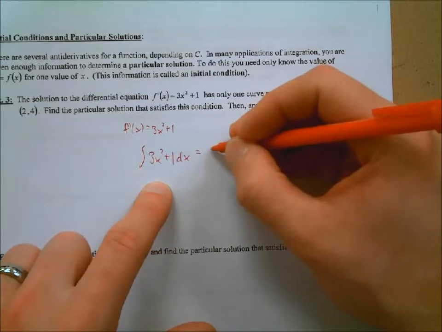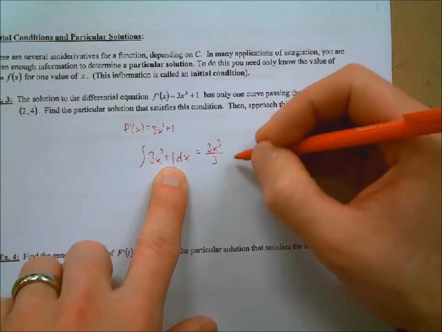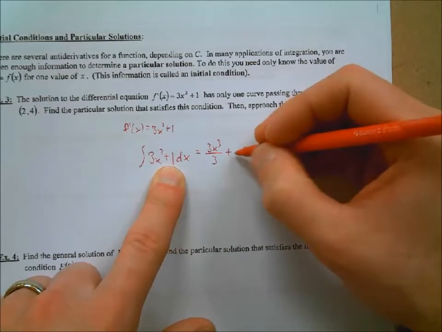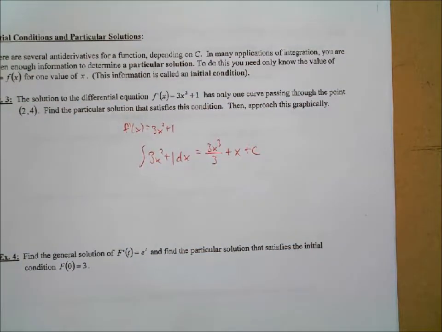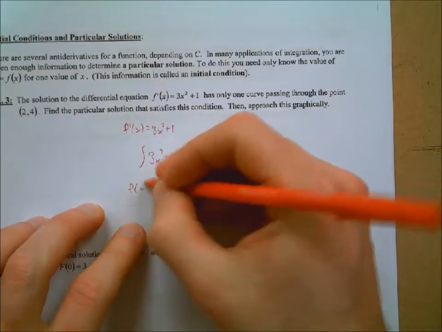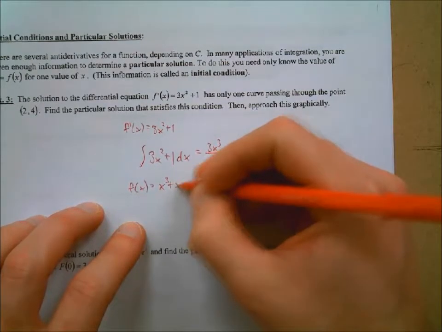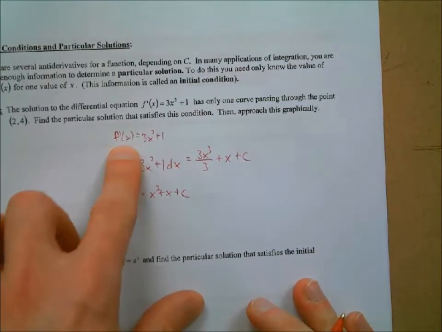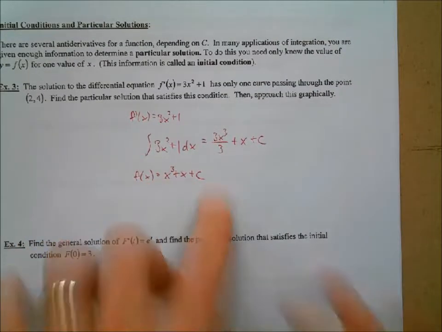So it'll be 3x to the 3rd over 3. What's the integral of 1? x, and then plus c. So f of x equals x cubed plus x plus c. If f prime was 3x squared plus 1, then f of x will be x cubed plus x plus c.